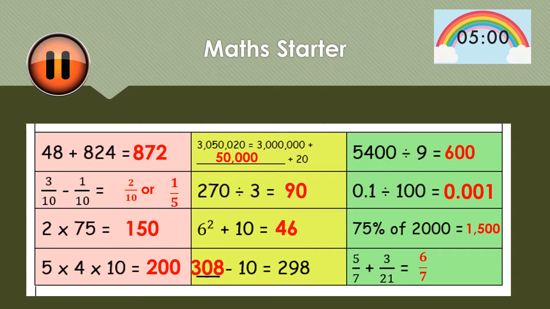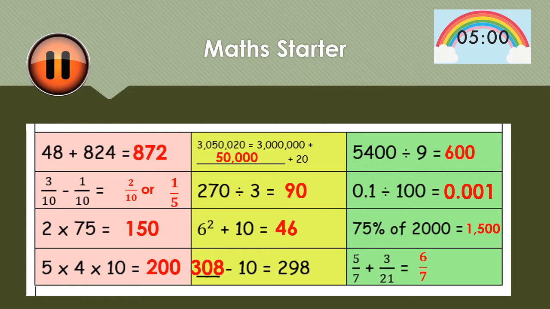Now for the next one, 75% of 2,000. What's 75% of 100? That's right, it's 75. So if you know that, what's 75% of 1,000? That's right, it's 750. But what is 75% of 2,000?